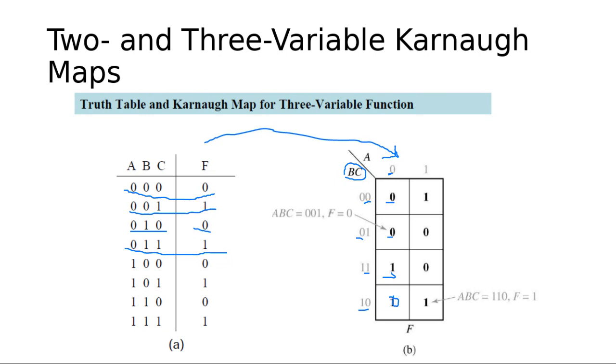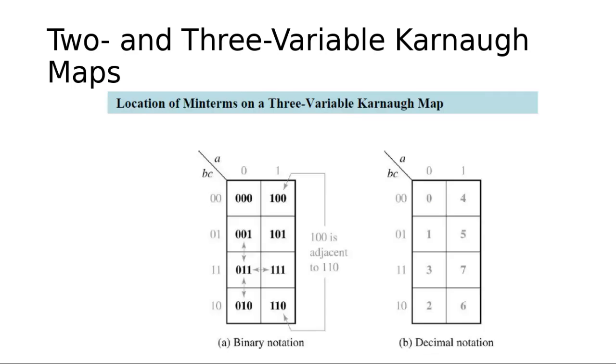So 1, 0, 0 is also, there must be a mistake in the truth table. Okay, just to flip that, because there is some mistake about that. Let's do the other one.